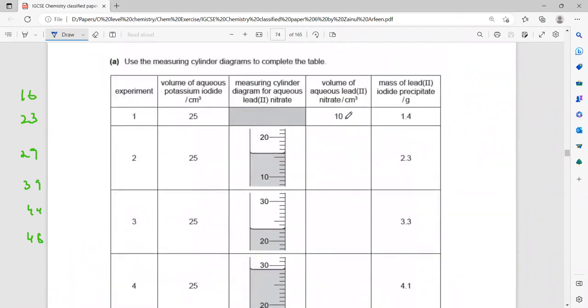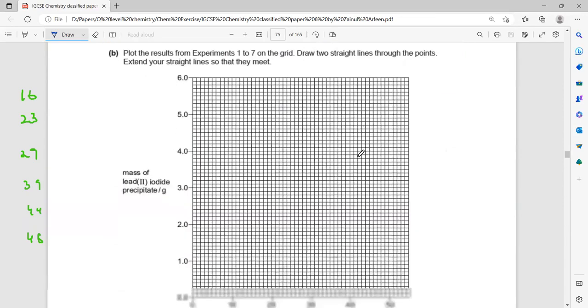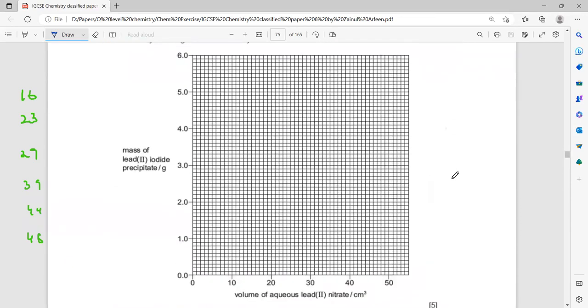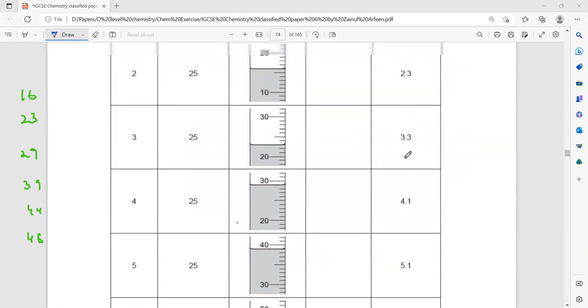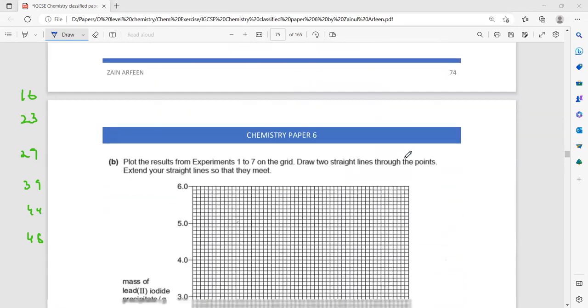The first one is 1.4 at 10 volume of lead nitrate. So this was 10 and we have 1.4, so this will be 1, 2, 3, 4. The second value is 16 and the mass is 2.3.